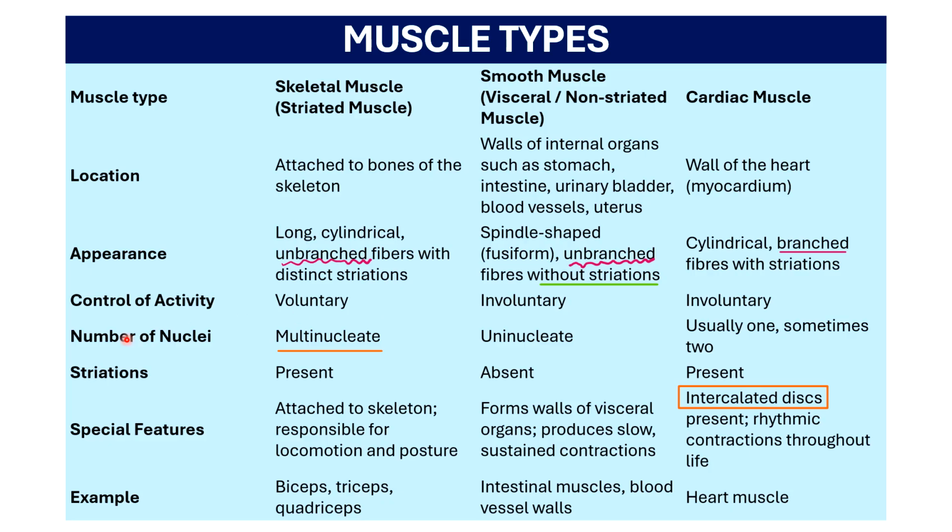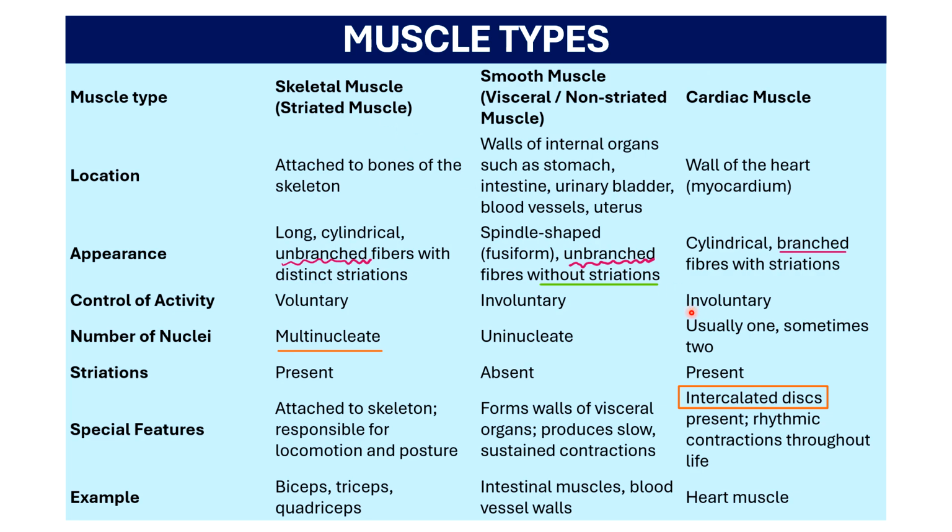Coming to number of nuclei, skeletal muscles are multinucleate, whereas smooth muscles are uninucleate, and cardiac muscles usually have one, but sometimes they can also have two nuclei. There are special features called intercalated discs present in cardiac muscles, and they help in rhythmic contraction of the heart.